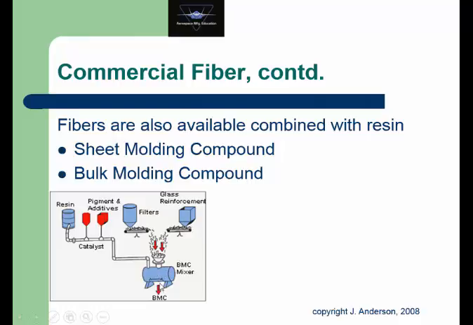We mix it, and then we take it out and lower the temperature to arrest that cross-linking. So we basically have a glob of pre-preg material with glass reinforcement in it. Glob is also a technical term.